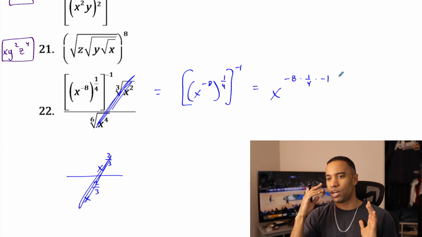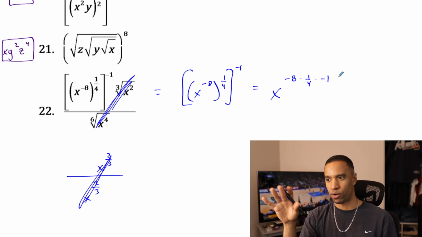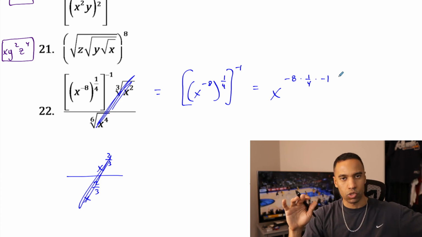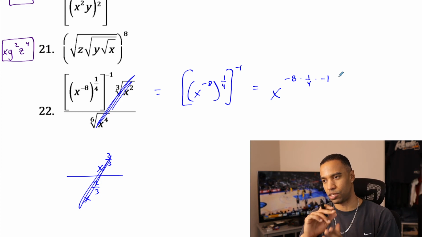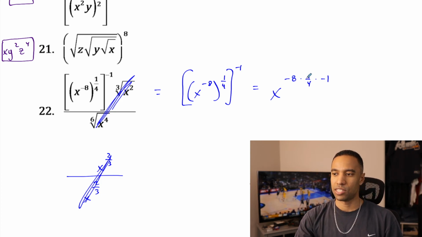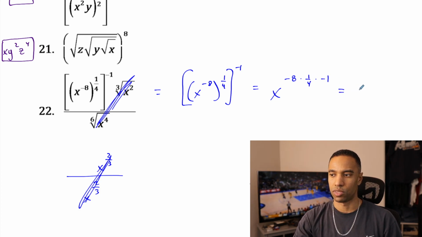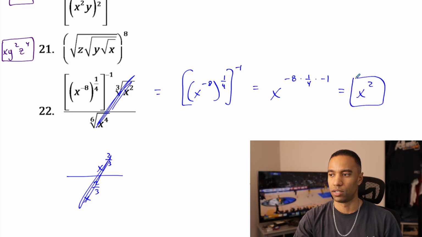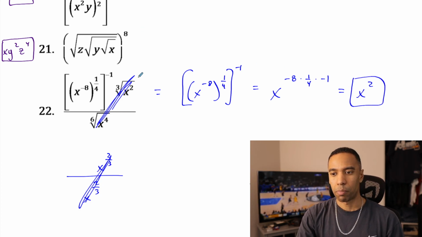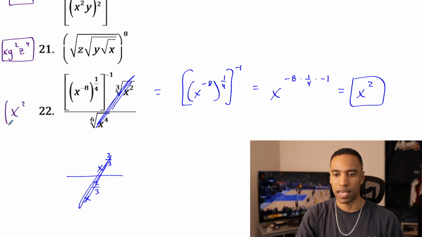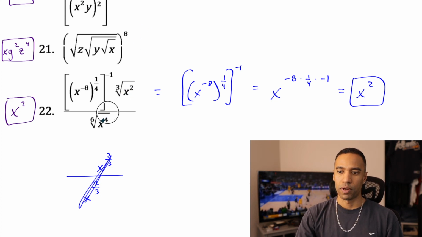These are interacting with other exponents immediately. It's not like I'm distributing the -1 into a bunch of other factors. It's just this one. Now, -8 times 1/4 is -2. -2 times -1 is +2. This becomes x squared. That's it. That other part is gone, and this just becomes x squared. And that is level 3.